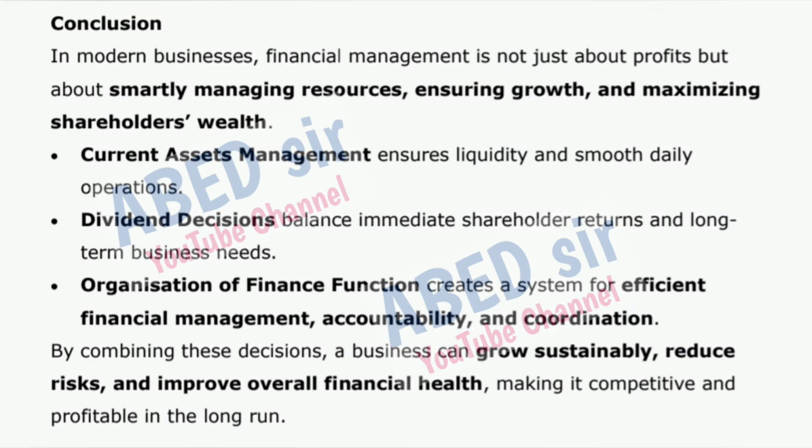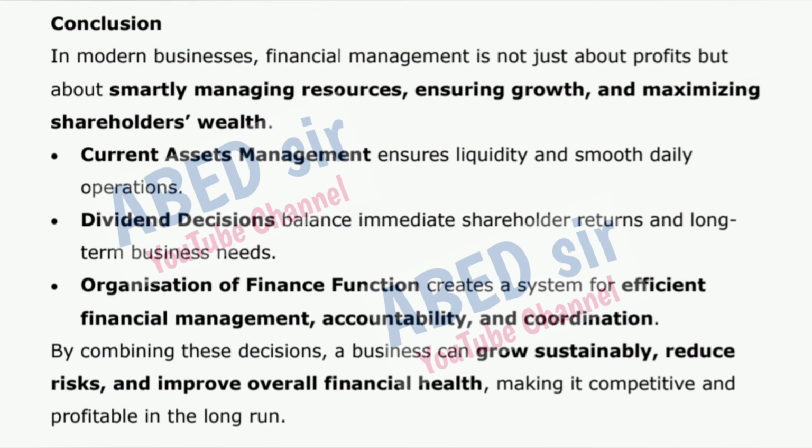Conclusion: in modern businesses, financial management is not just about profits but about smartly managing resources, ensuring growth, and maximizing shareholders' wealth. Current assets management ensures liquidity and smooth daily operations. Dividend decisions balance immediate shareholder returns and long-term business needs.